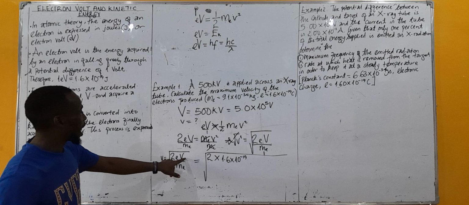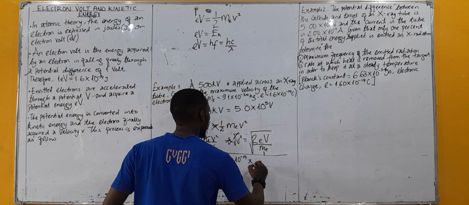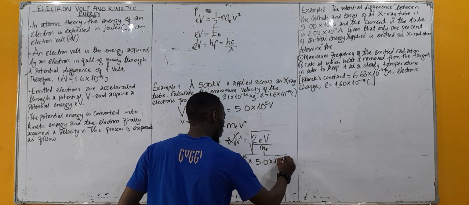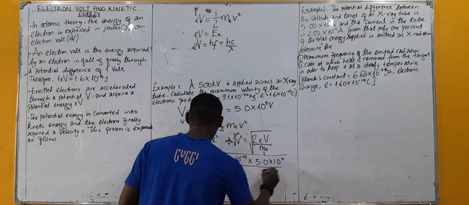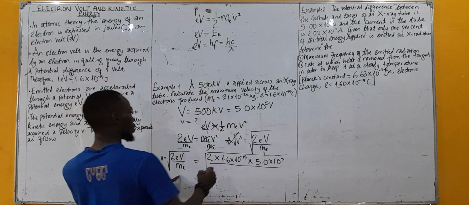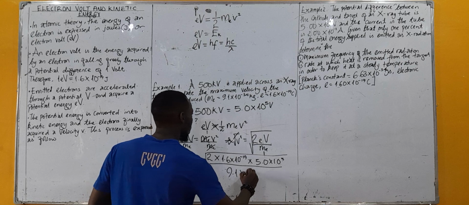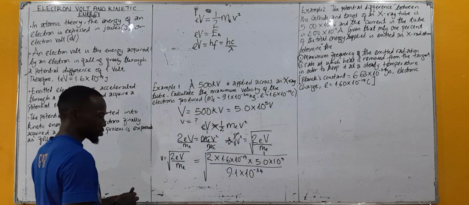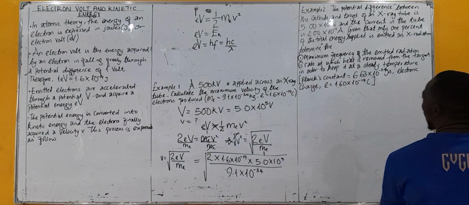Then our V, which is the potential difference, is 5.0 times 10 to the power of 5, divided by the mass of our electron, 9.1 times 10 to the power of minus 34. Okay, let me borrow this side of the board.